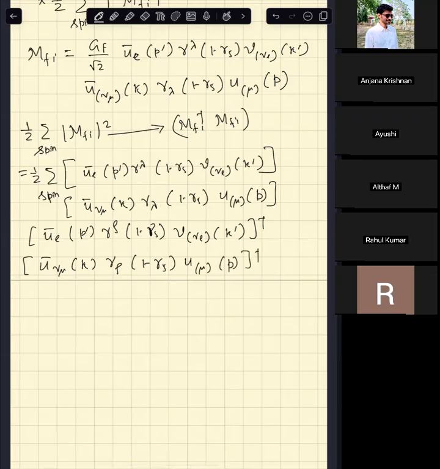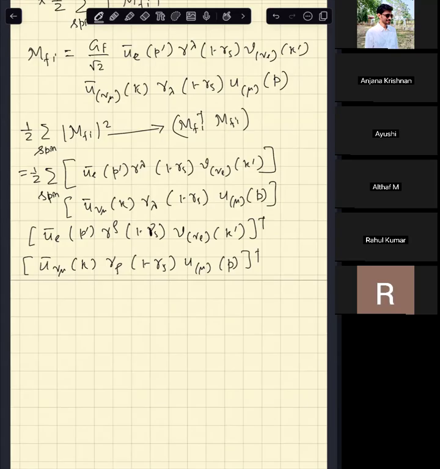Okay. So now we'll use this different kind of completeness condition, but you have already seen the sum over spin of u ū equals P-slash plus M, the mass of the particle. So here we have four kinds of particles: you have electron, muon, anti-electron neutrino, and muon neutrino.